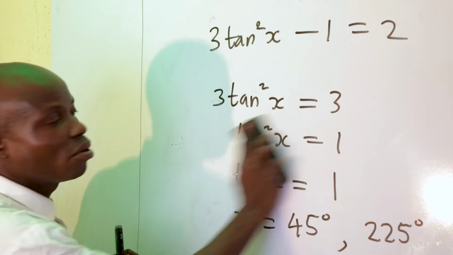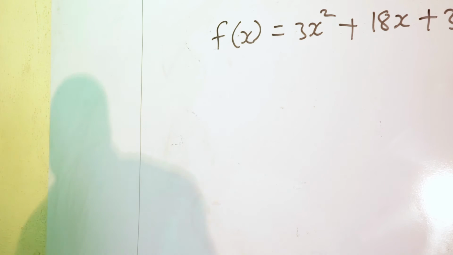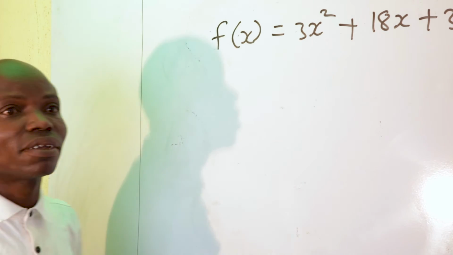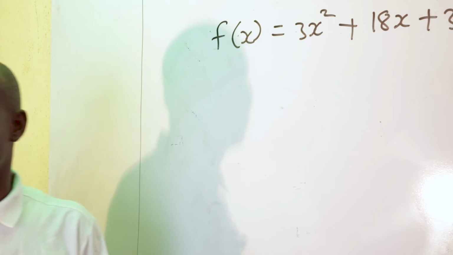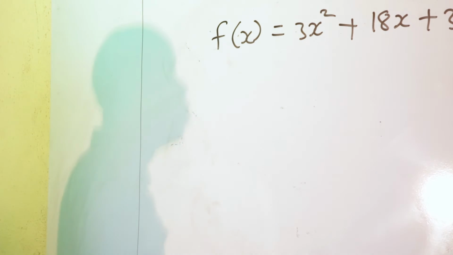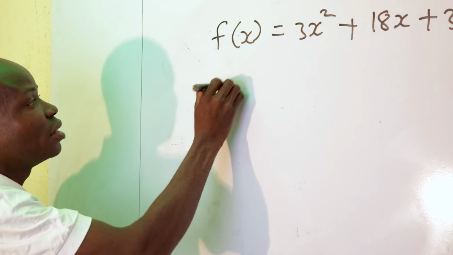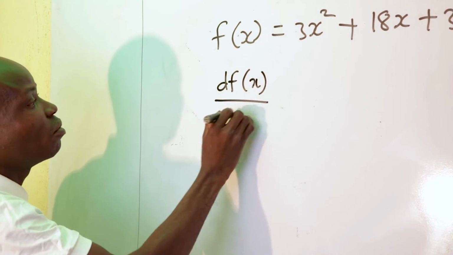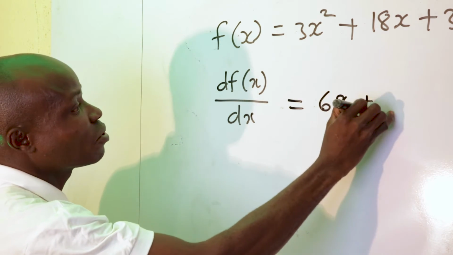Number 16. We want to find the least value of x in the function f of x equals 3x squared plus 18x plus 32. And here, to obtain the least value of x, that is the point whereby the value of y is minimum, we differentiate the equation. df with respect to x, differentiating the function with respect to x, we have 6x plus 18.